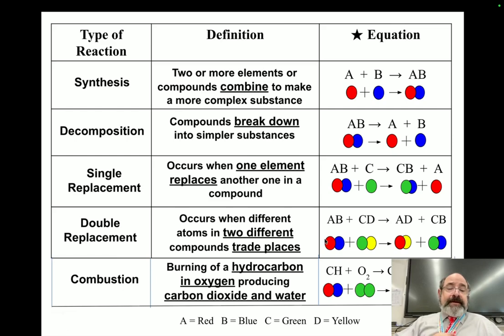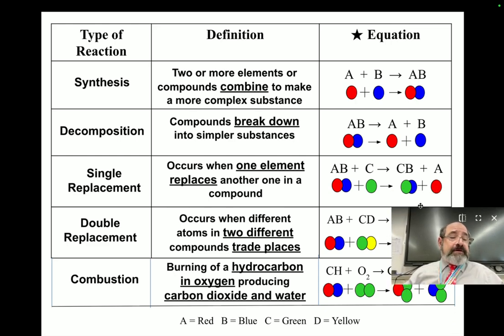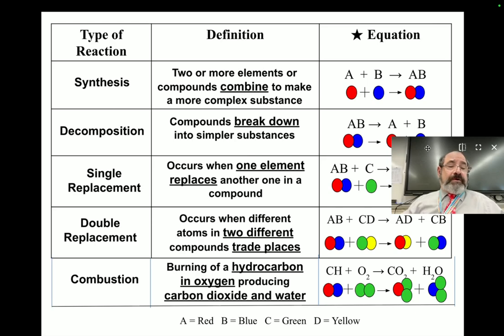We have double replacement, where you got 2 and 2, they switch partners, and then you have 2 and 2. So it's like do-si-do, they switch partners. And usually you'll get like a precipitate, that's the common reaction. You'll see some other ones too, like giving off water or a gas. And then we have combustion, which is my favorite, where we're burning something in oxygen. So we have C's and H's, doesn't matter how many C's and H's, plus oxygen makes CO2 and H2O. So you're always going to see the oxygen, you're always going to see the CO2, and you're always going to see the H2O.